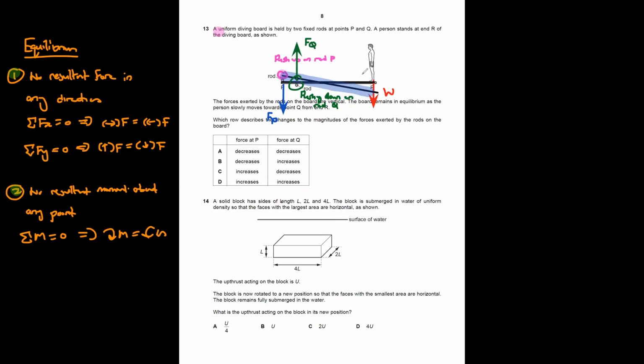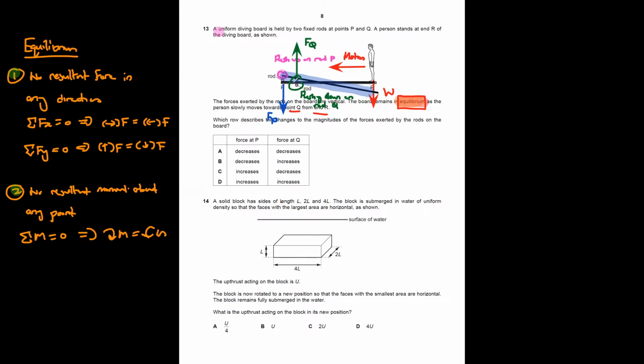All right, now from here, they also mentioned that your board is supposed to remain in equilibrium. This is the most important thing. Your board remains in equilibrium when the person slowly walks towards point Q from R. So your person is moving in this direction, the direction of motion of your person.